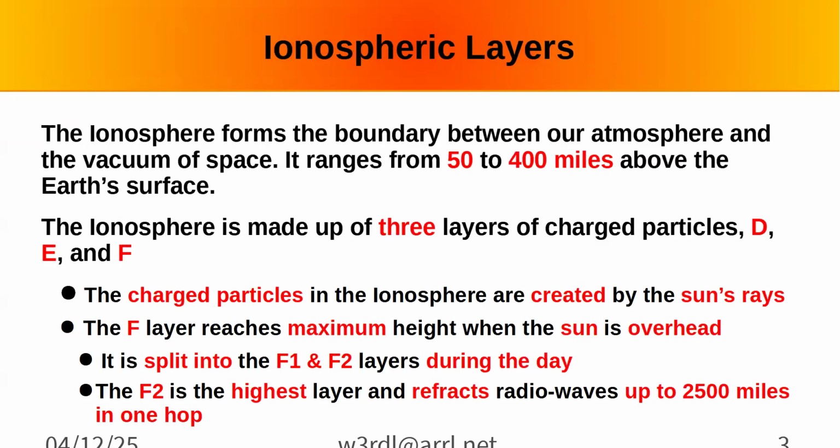So the ionosphere is that region 50 to 400 miles, which gets ionized by solar radiation and refracts radio waves. You can call it reflection. The effect is basically the same.